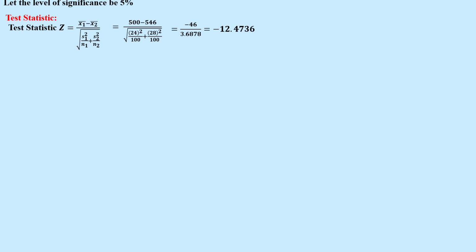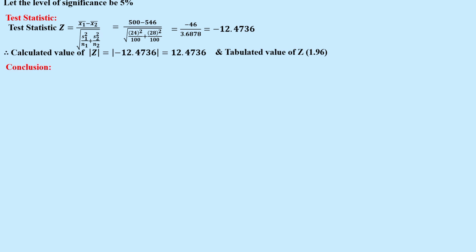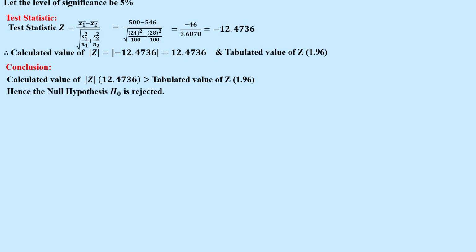So the value is minus 12.4736. The calculated value, the modulus value of the test statistic Z, is 12.4736. Tabulated value is 1.96. Calculated value is greater than the tabulated value. Therefore H0 is rejected. So there is a significant difference between the means.